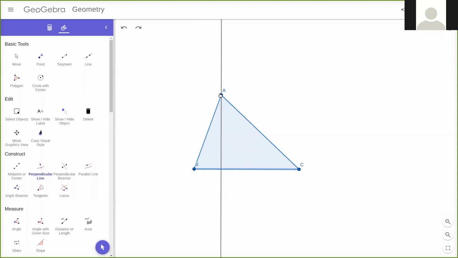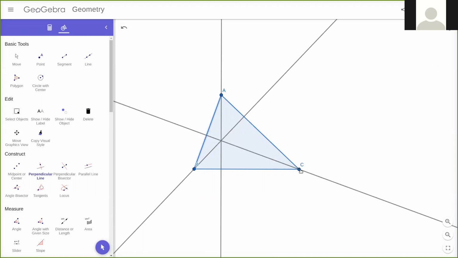Someone's mentioned altitude, so we can try altitudes. Perpendicular lines: AD, D being here, BE, E being here, and here. Okay, so with altitudes, how do we prove that altitudes are concurrent?